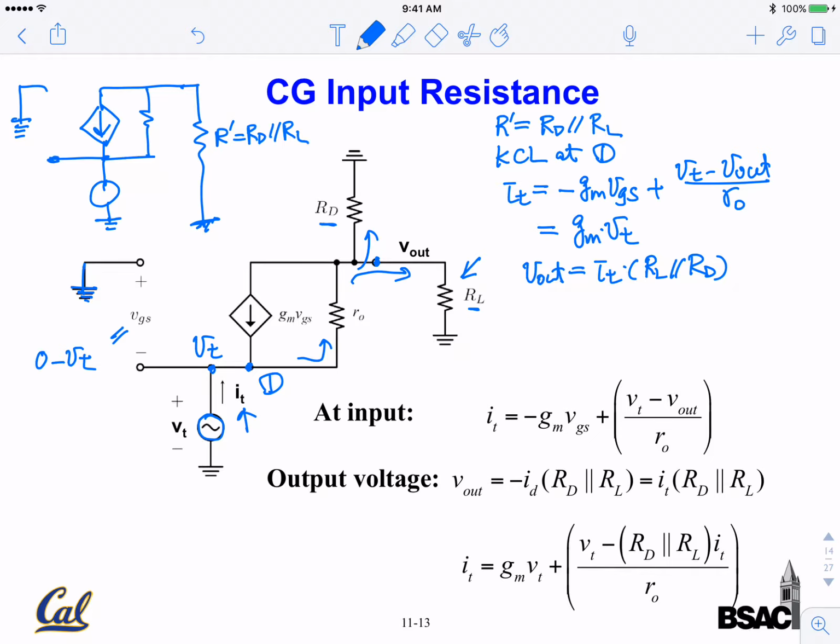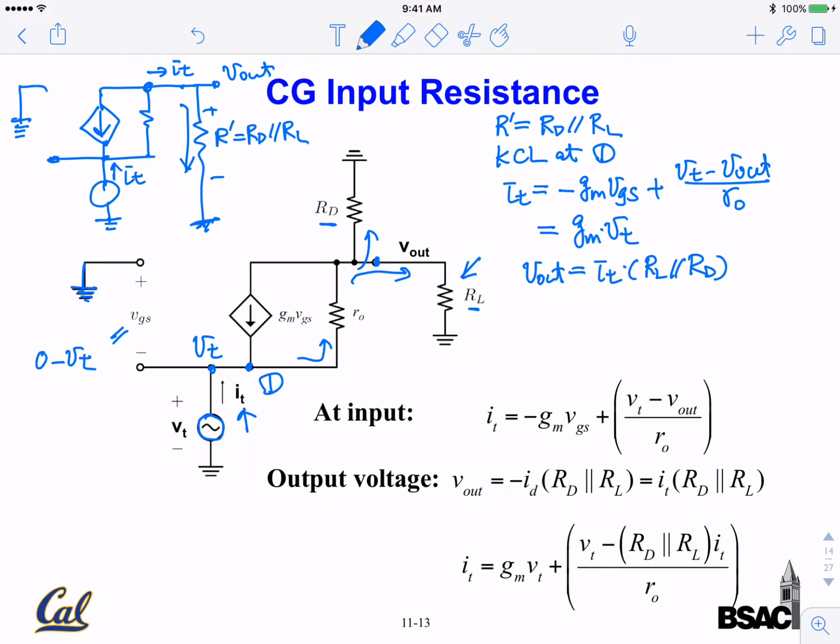So here is IT, and IT will continue to flow down here, and the voltage drop V out is basically the current times the resistor value.